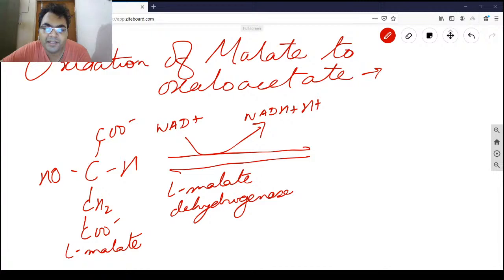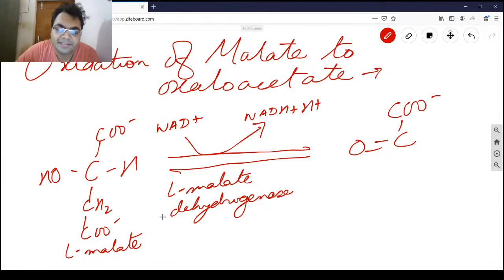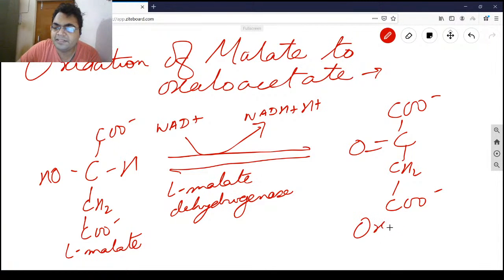Very, very important, L-malate to oxaloacetate, with NAD plus becoming NADH and H plus. So how does oxaloacetate look? It will be CO minus, then CH2, CO minus. This is how oxaloacetate looks.